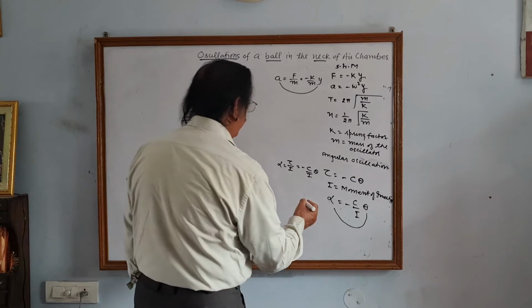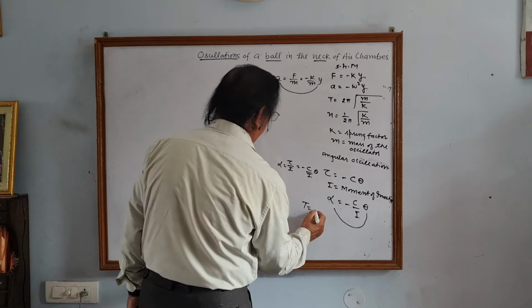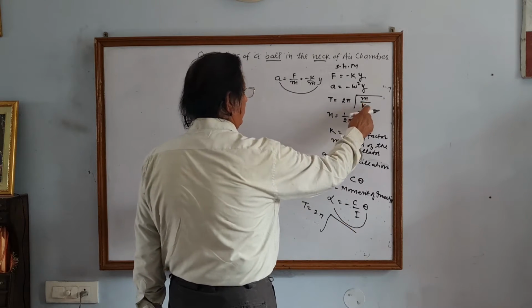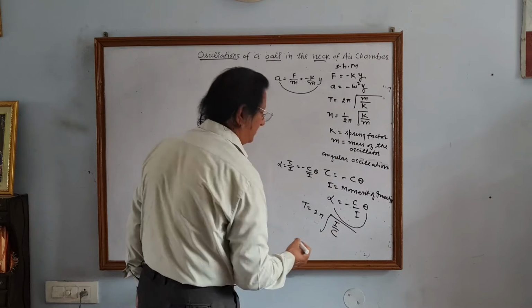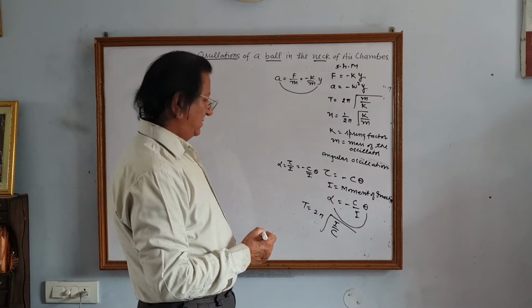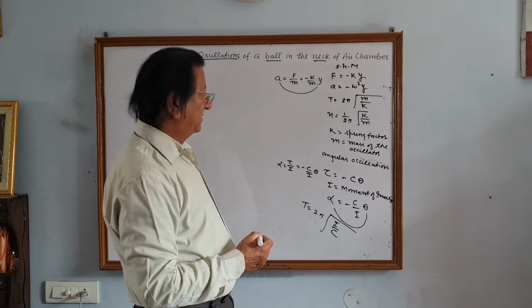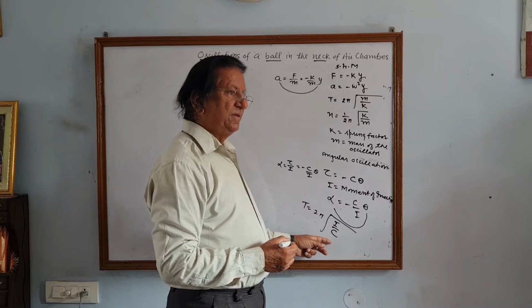And formula for time period, if you compare this with this, it will be 2 pi under root I by c. Mass has its analog moment of inertia and spring factor k has its analog this c.